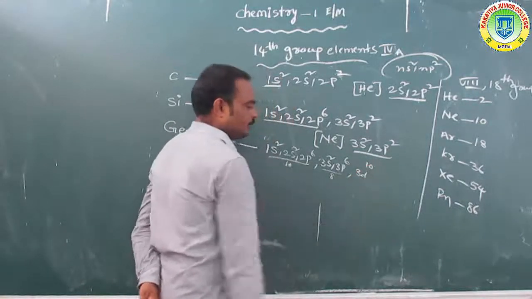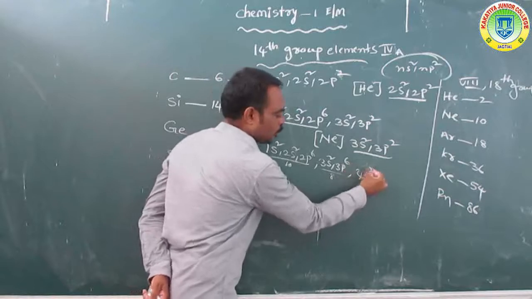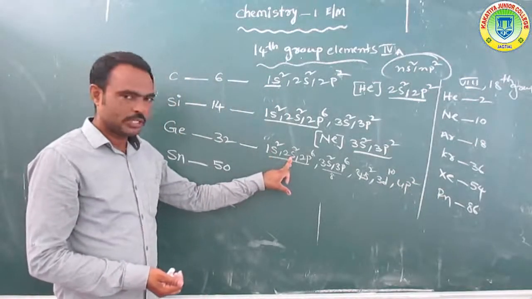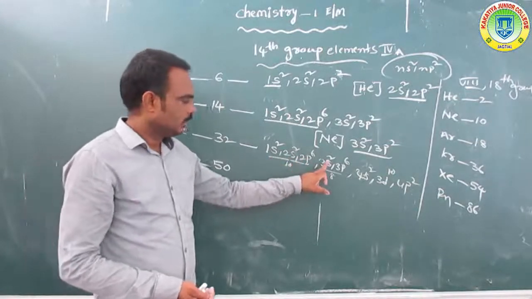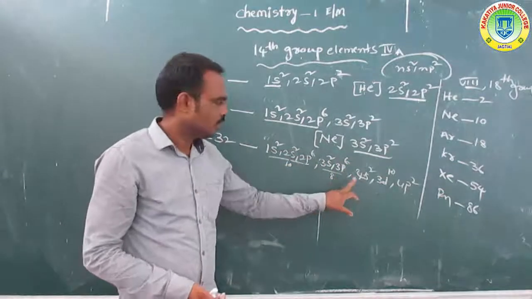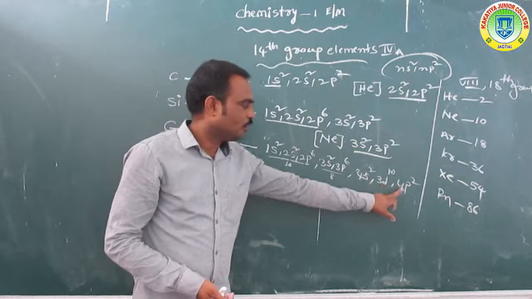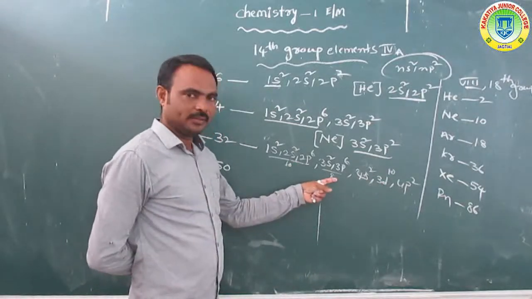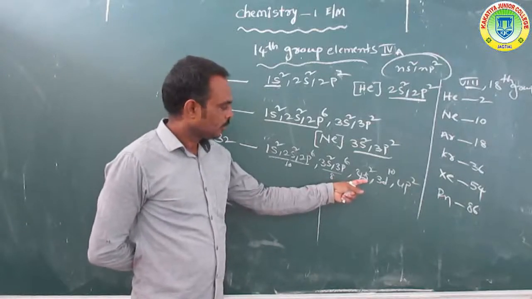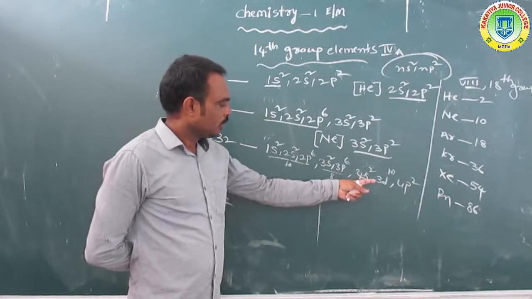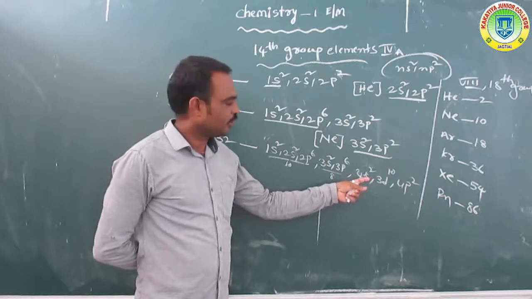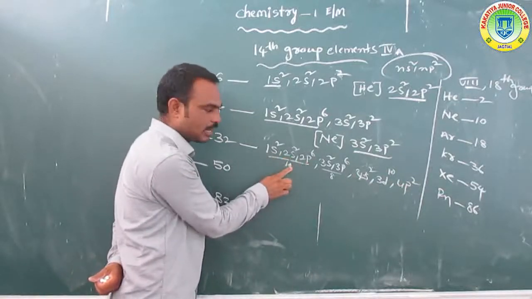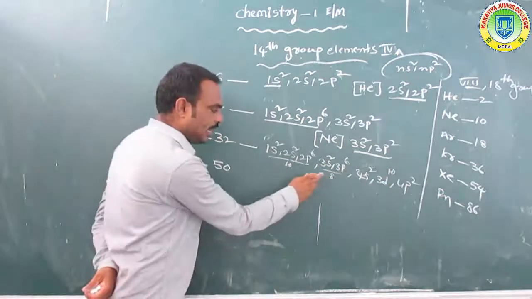Next 3d10, then 4s2, 4p2. Overall 10 plus 8, 18, plus 2, 20, plus 10, 30, plus 2, 32.